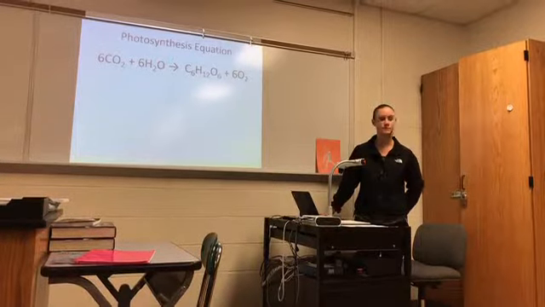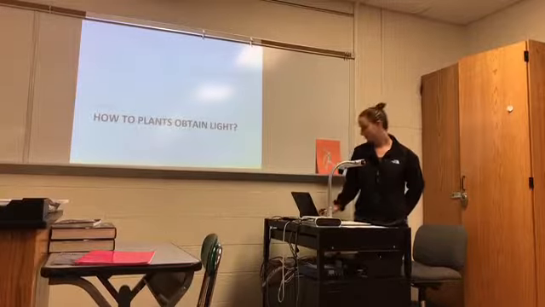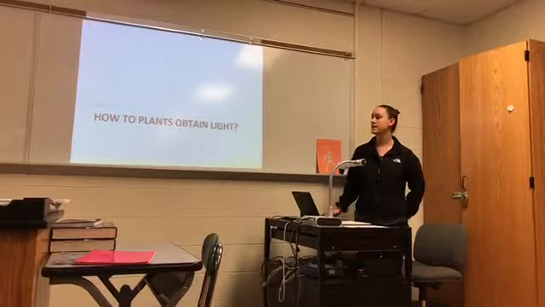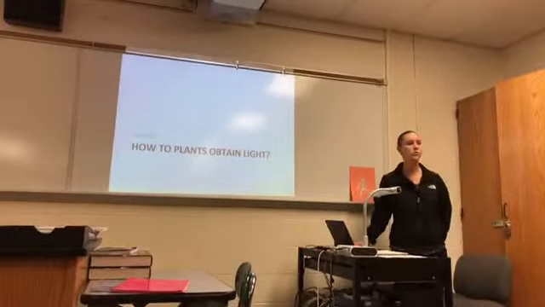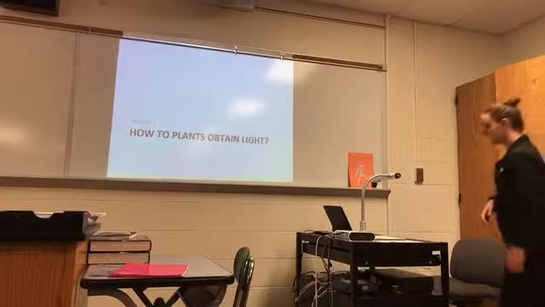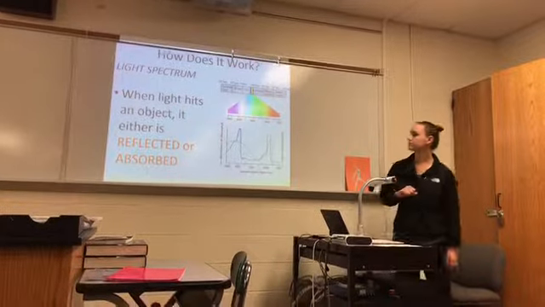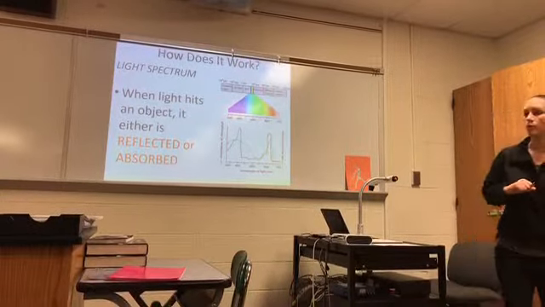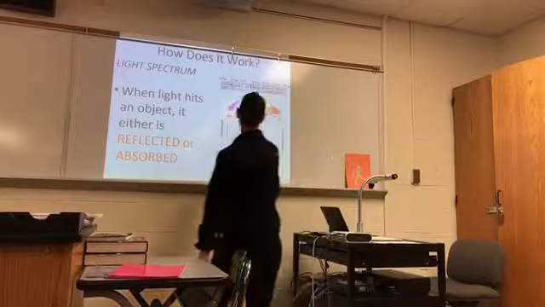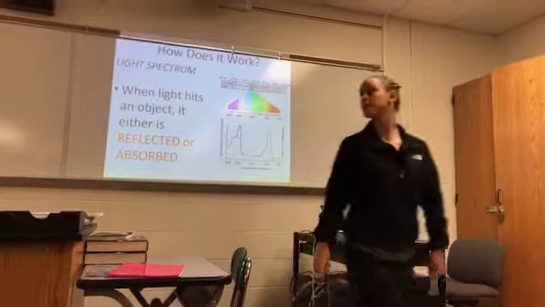Okay. This is going to lead us to our last question. How do plants obtain light? So we said in order for photosynthesis to occur, we need some sunlight. How does it work? Here's the light spectrum, what we can see. Measured in nanometers of wavelength.